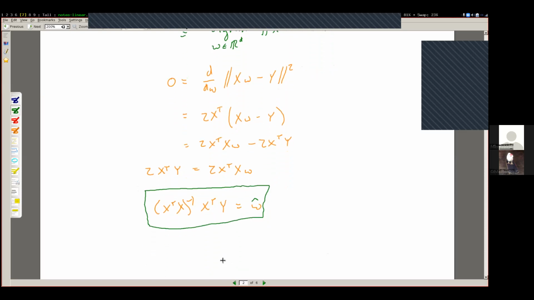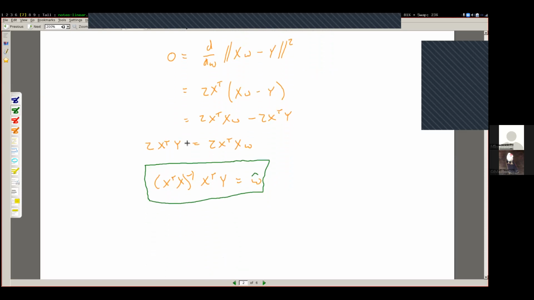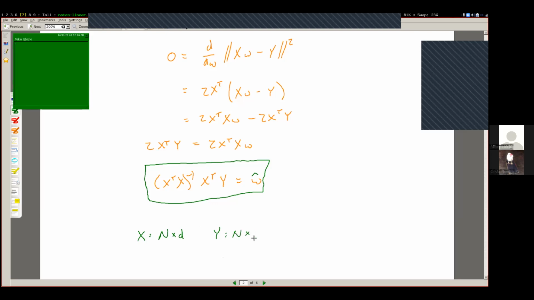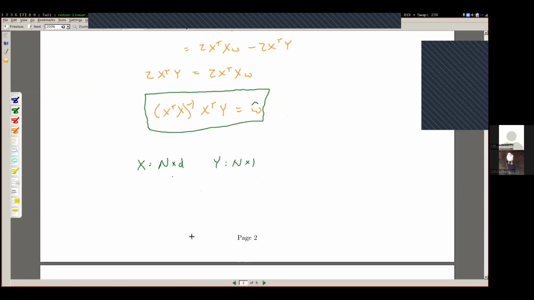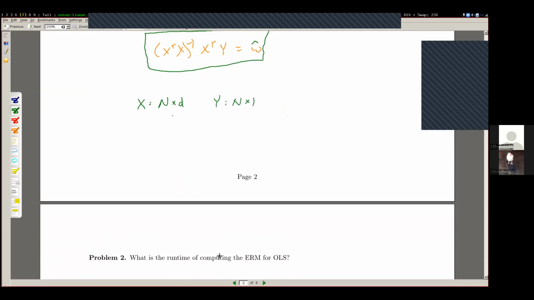And so if, again, our x is n by d, and the y was n by 1, then I'm sure everybody 100% remembers, and I'll write it down here, what is the runtime of this? That the runtime is O of d squared n plus d cubed.